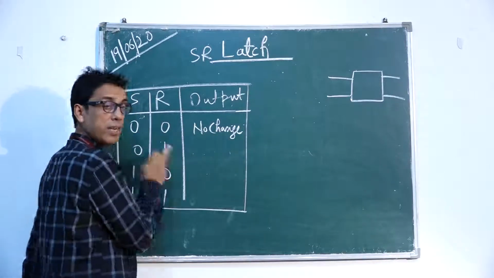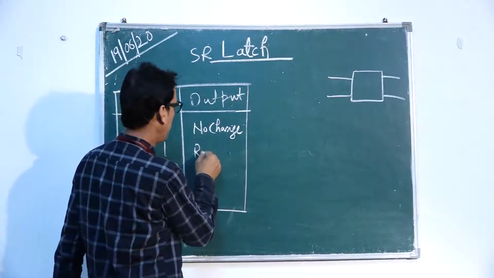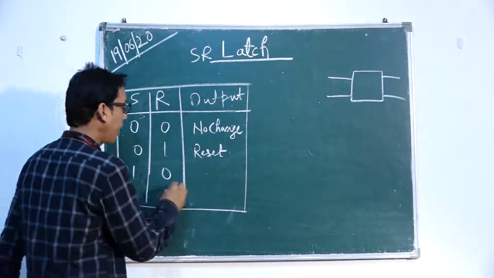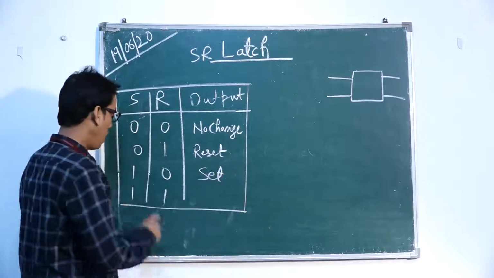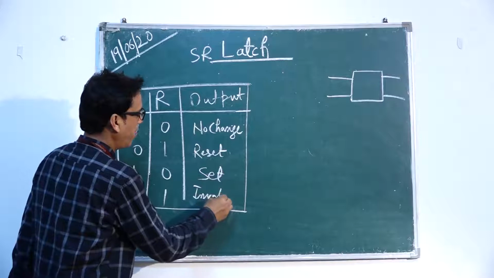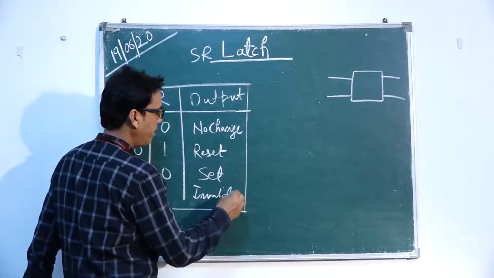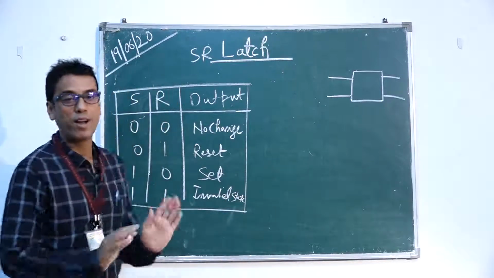When we input 0 1, it is known as reset. In the case of 1 0, set. And in the case of 1 1, invalid state. Invalid state means 1 1 is not allowed.